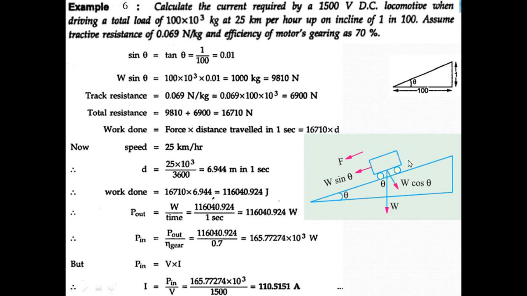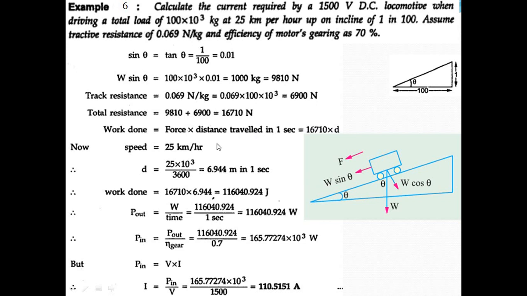Now consider this case. This vehicle is going upside on an inclined plane, so the weight has two components. One is W cos theta, the vertical component, and the horizontal component is W sin theta. In this particular case, if you want to find the work done by this vehicle, work done is equal to force into distance traveled.